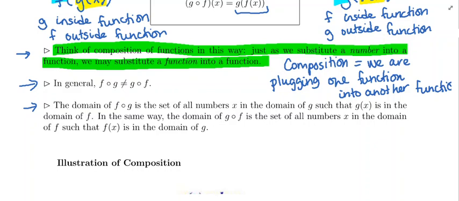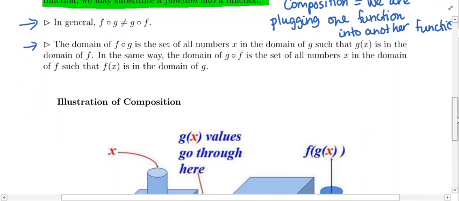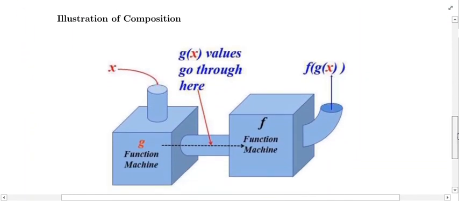Before we get into examples of composition, I want to show you a little illustration of what composition is. This is a function machine. It's basically showing you the composition process. This particular illustration is for f of g of x.